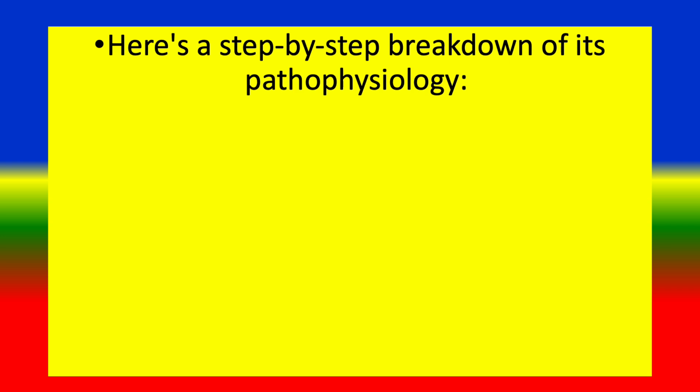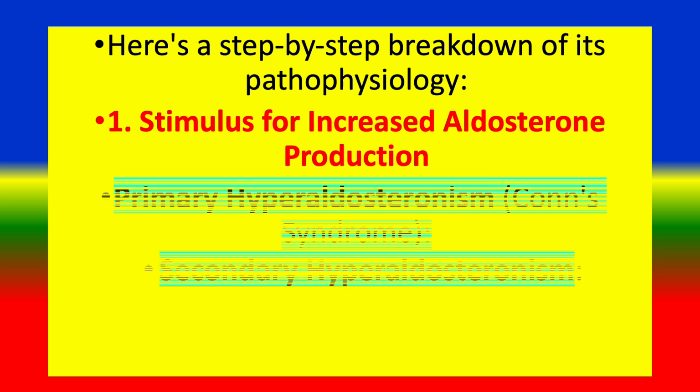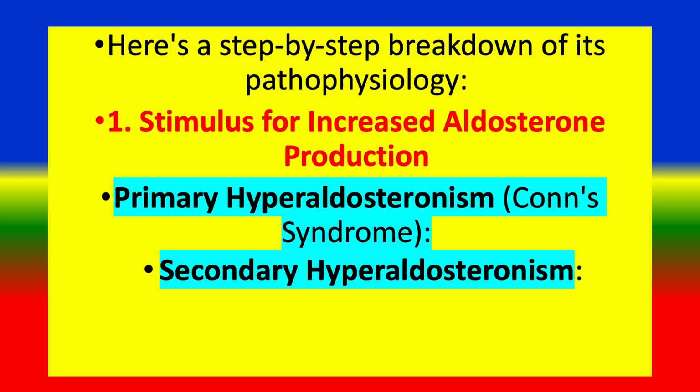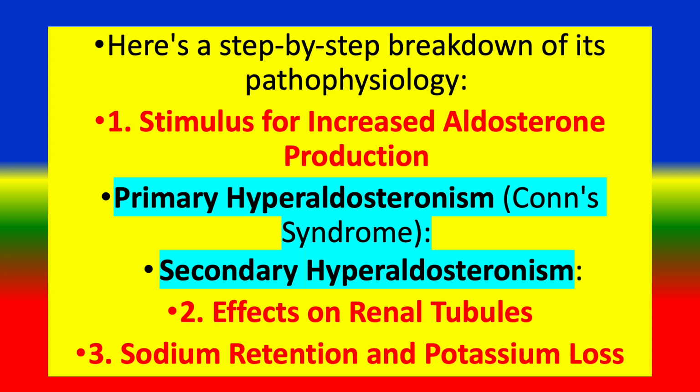Here is a step-by-step breakdown of its pathophysiology. 1. Stimulus for increased aldosterone production: primary hyperaldosteronism, Conn syndrome, and secondary hyperaldosteronism. 2. Effects on renal tubules. 3.